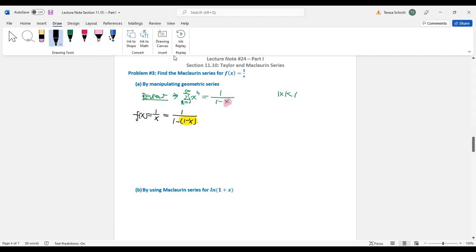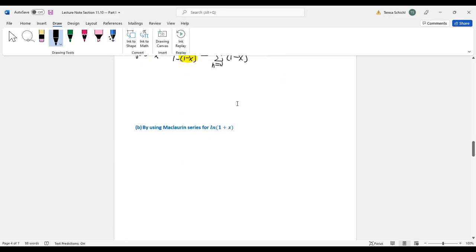So now I can rewrite it as a geometric series. My purple x is now replaced by 1 minus x, the yellow x. So now I can say this is the sum from n equals 0 to infinity, remember this is the purple axis, and my answer will be 1 minus x to the nth power.